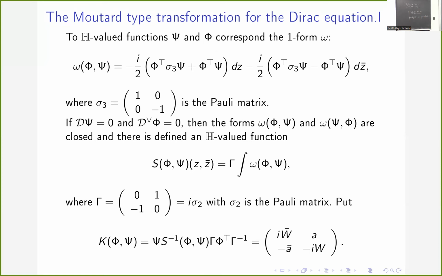So if we'd like to extend it, we have to extend it in terms of omega. So there has to be alpha dz plus beta dz bar plus gamma dt. We know alpha and beta. We have to find gamma. So that's the usual trick for extending this transformation for solitons.